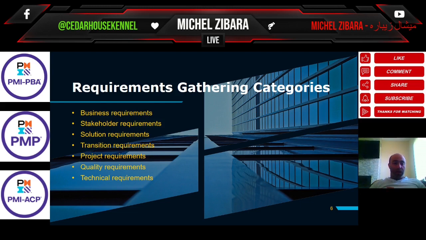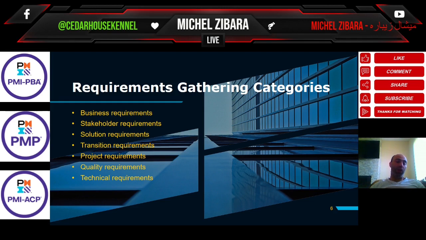Requirements gathering categories. You can also use the categories below as tools and techniques to gather requirements, which we also discussed in detail in the PMI PBA course, but we're going to run through them at a very high level. You have the business requirements, and then the stakeholder requirements, which are requirements initiated by stakeholders.